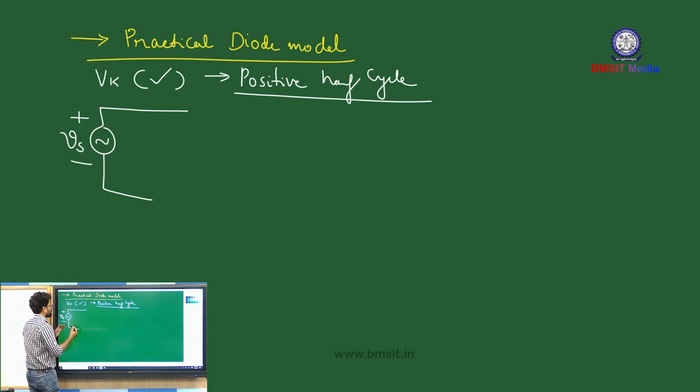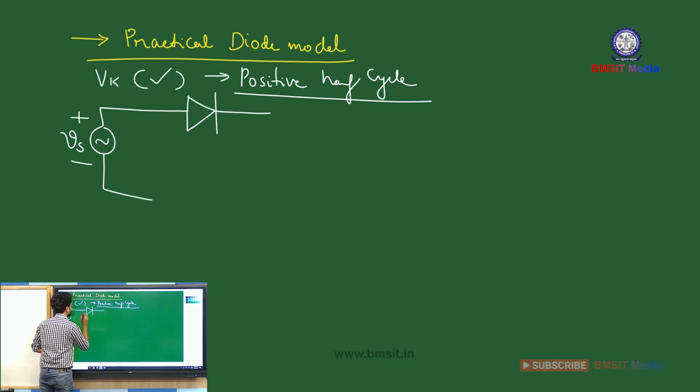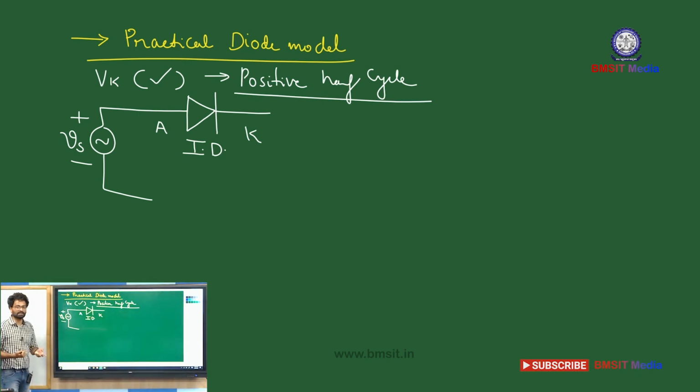And you have to now place a practical diode. How are you going to place the practical diode? Place an ideal diode first, with anode and cathode, and you can call it ID. ID stands for ideal diode. Then you have to place this Vk. Vk is the barrier potential.